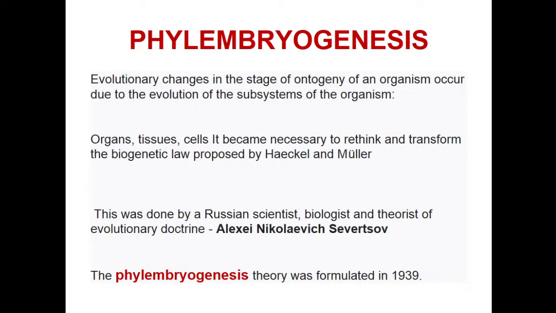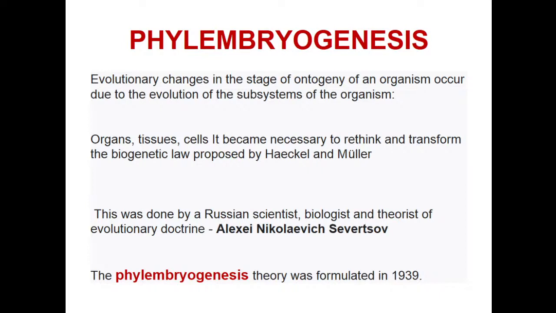So we need to understand what phylembryogenesis means. Evolutionary changes in the stages of ontogeny of an organism occur due to the evolution of subsystems of the organism: organs, tissues, cells.